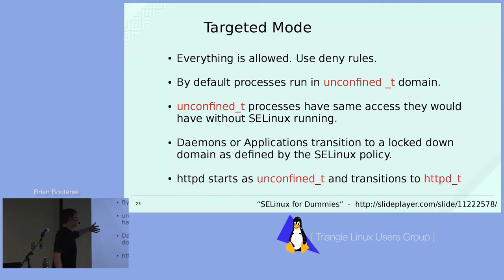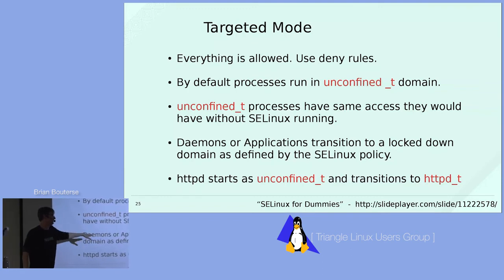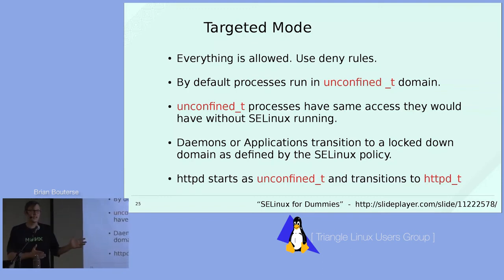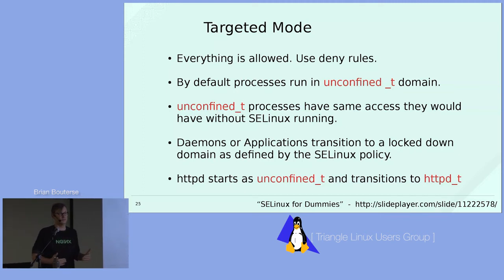And this is what I was saying earlier, that daemons or applications transition into a particular process domain as governed by the policy that was shipped with that application, and that usually has a default to deny rule inside of it. So targeted mode is very permissive, but at the same time, it's still pretty darn secure. So this transition occurs when you start httpd.